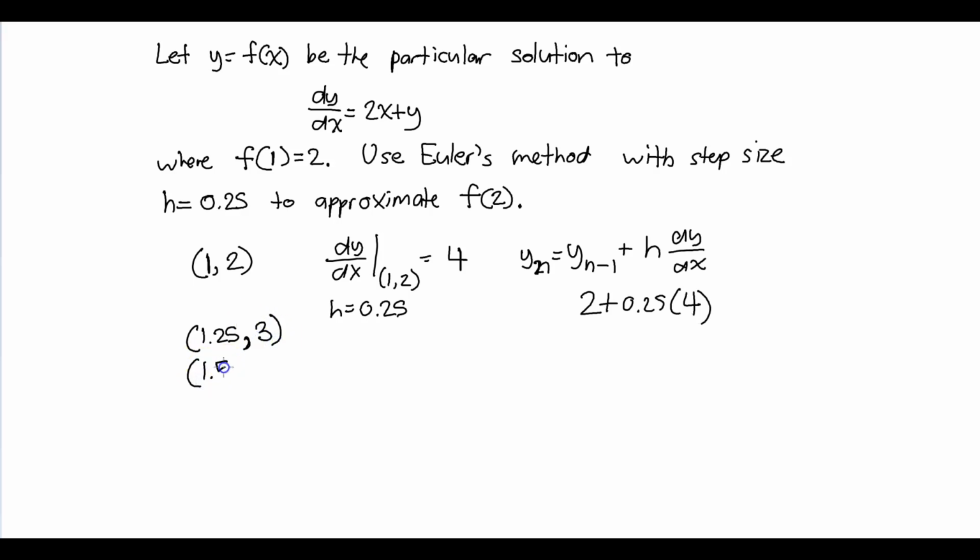Now let's look at 1.50. What's the y value at this point? So now we have 3 plus, now we have to look at the derivative at 1.25 comma 3. Okay? Now 2 times 1.25 is 2.50 plus our y value 3, and that gets us 5.50.